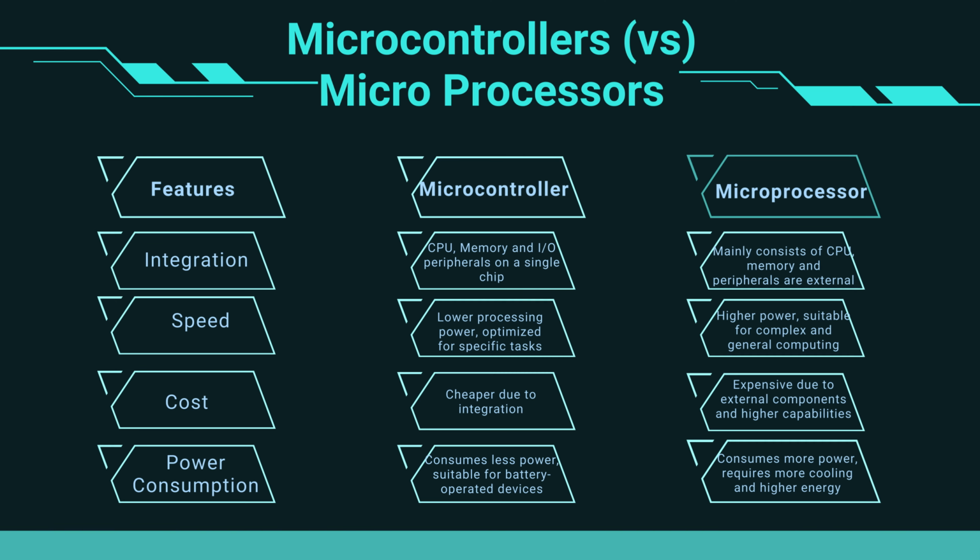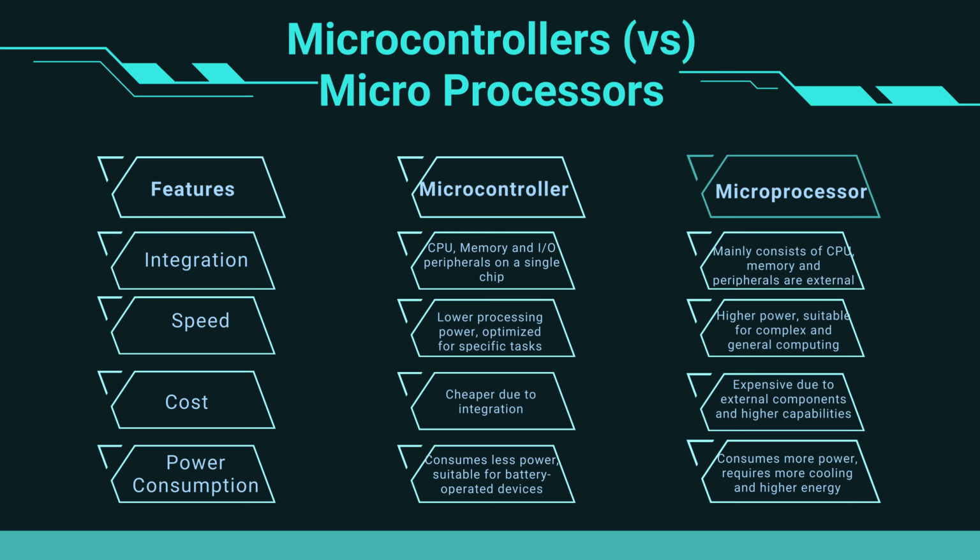The main differences of a microcontroller and microprocessor are: microcontrollers typically integrate CPU, memory, and input-output peripherals on a single chip, whereas microprocessors mainly consist of the CPU. Memory and peripherals are external.